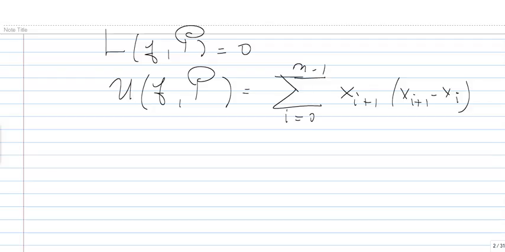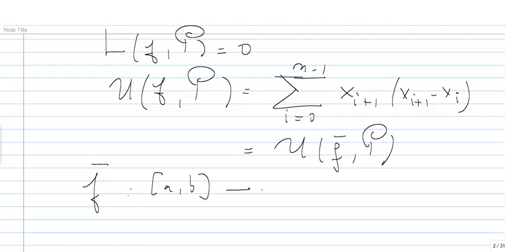And it's very interesting. This is the same as the upper sum of another function, f bar, going from [a, b] to R, the identity basically, given by f bar(x) = x.